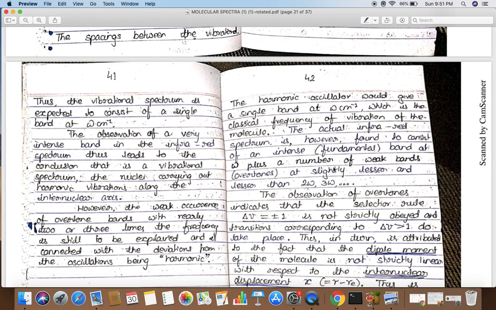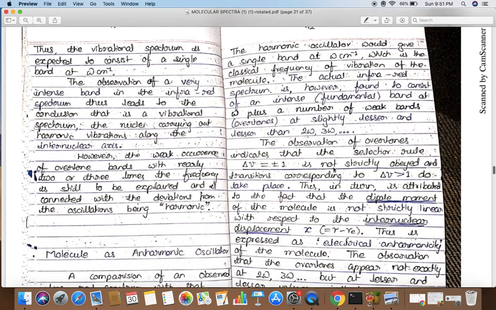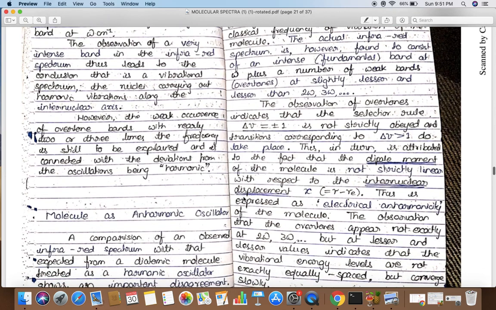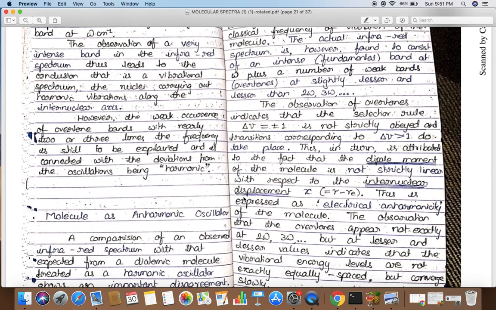These overtones indicate that the selection rule delta nu equal to plus or minus 1 is not strictly obeyed, and transitions corresponding to delta nu greater than 1 do take place. This is attributed to the fact that the dipole moment of the molecule is not strictly linear with respect to the internuclear displacement, that is, x equal to r minus re.